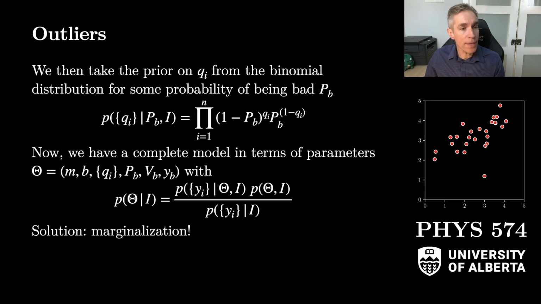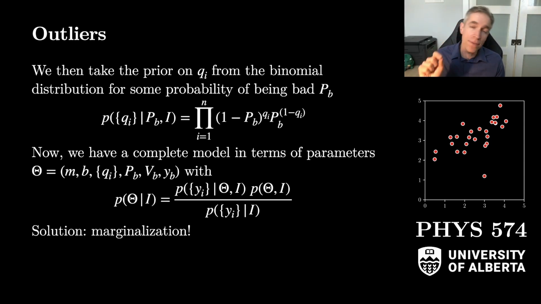Okay, so if that's our model, then what we can do is take some prior probability on the indicator variables, qi, and that comes from the binomial distribution for some probability of being bad.